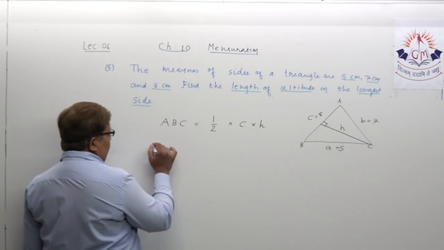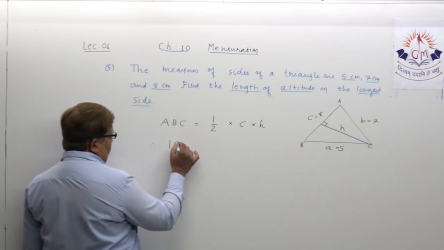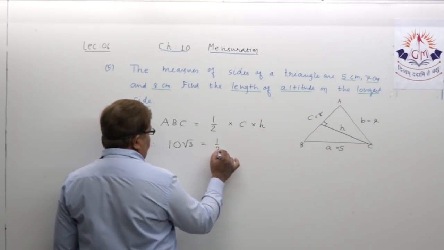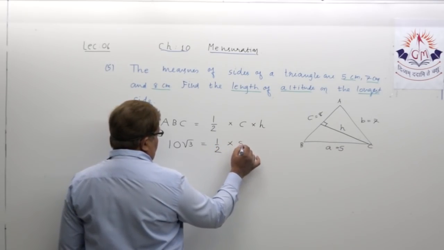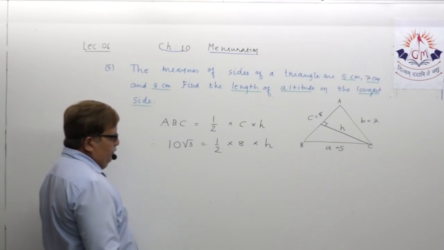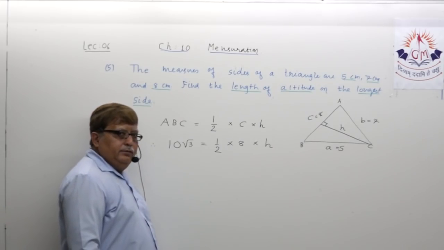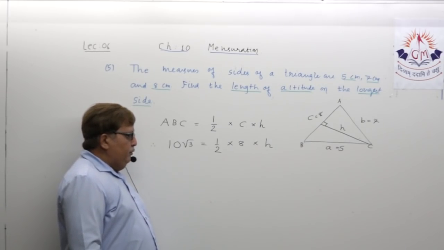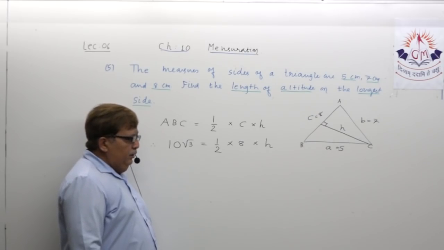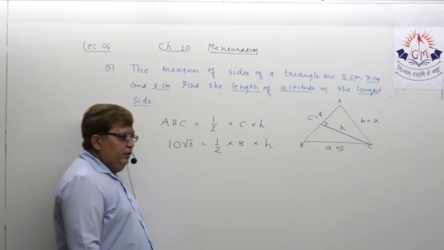What is the area we just now found out? 10 under root 3 equals half into C, that is 8. Altitude we have to find. We just substituted all values: the values of area, half, C, that is the measure of the longest side which was 8, into altitude, that is h.